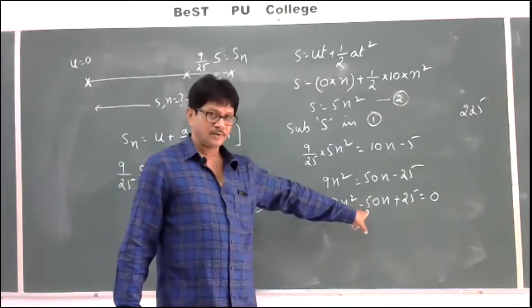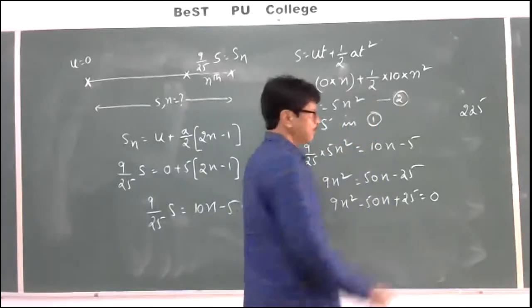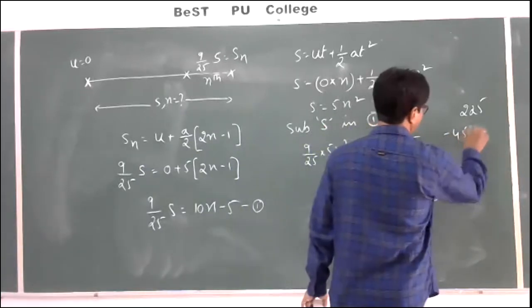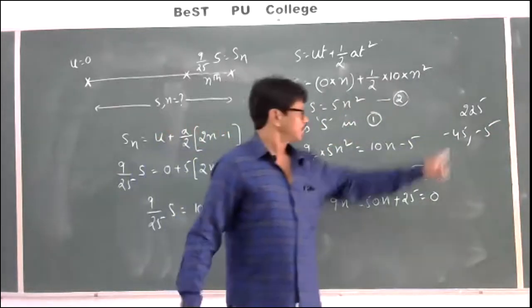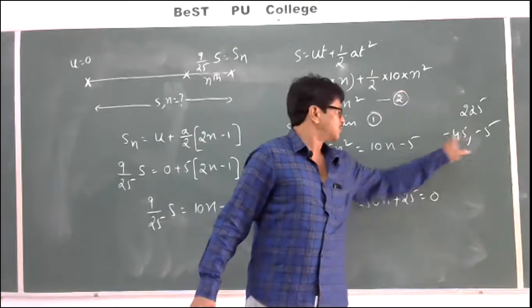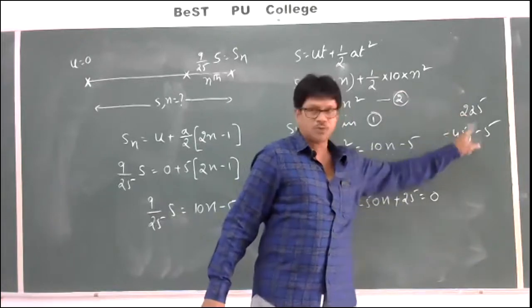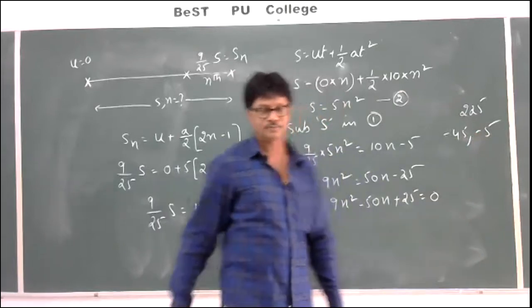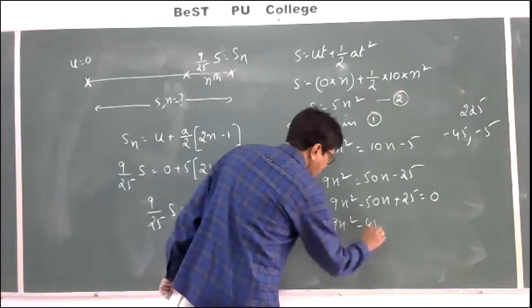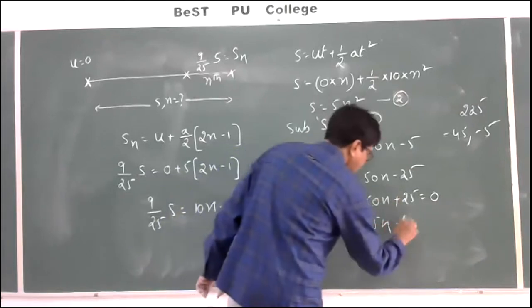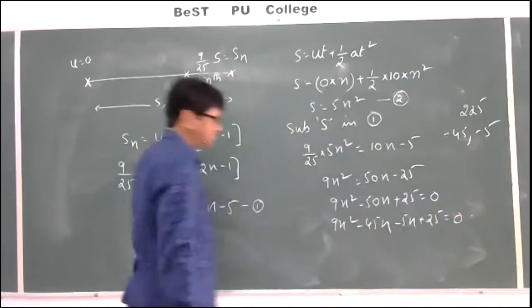Then the factors will be minus 45 and minus 5. 45 fives are 225, and if I add these two, minus 50. Now 9n square minus 45n minus 5n plus 25 is equal to 0.